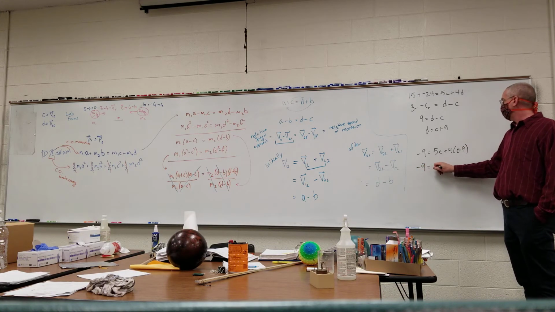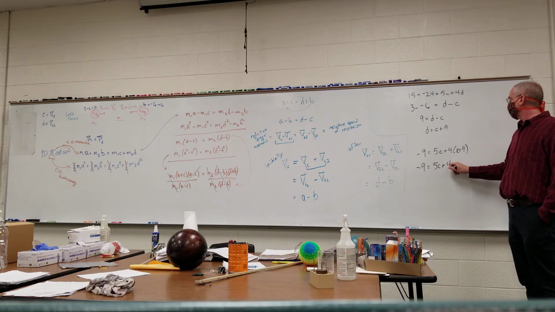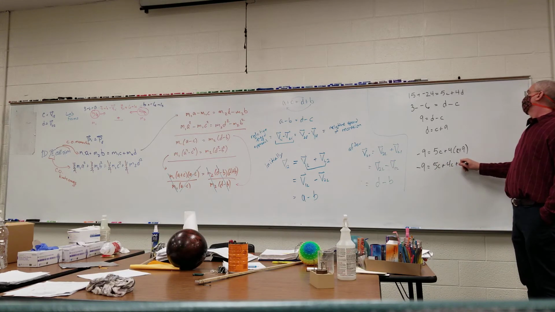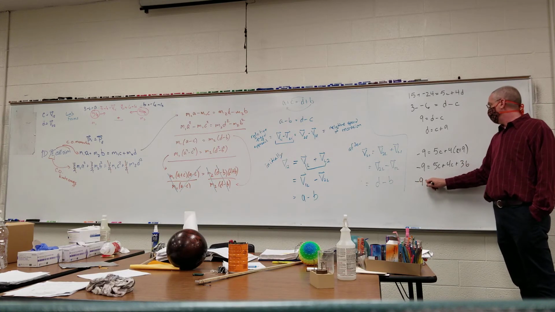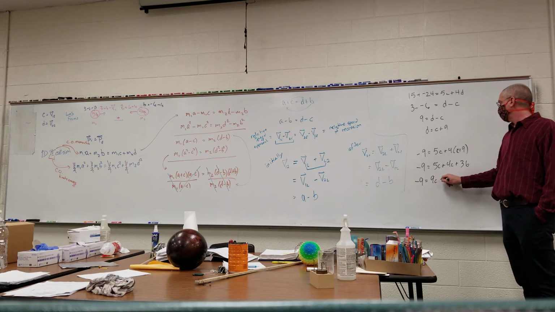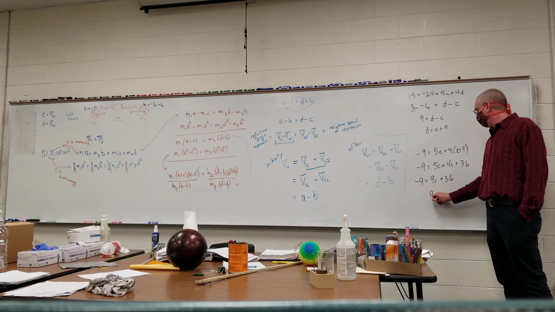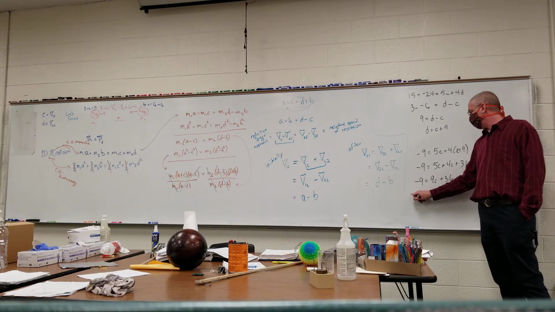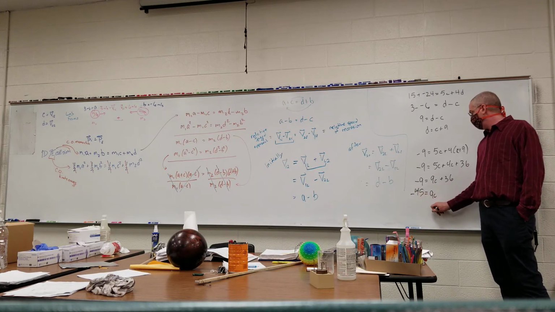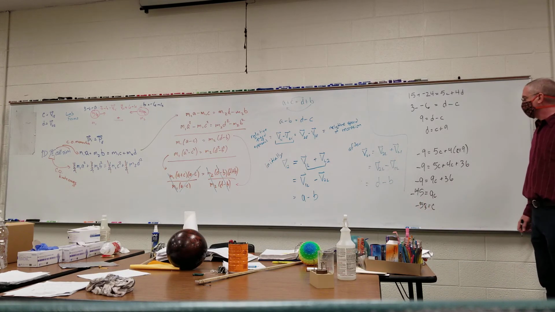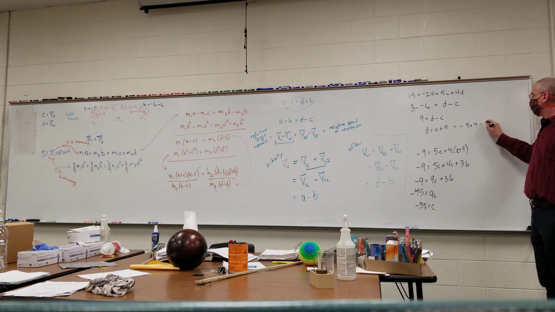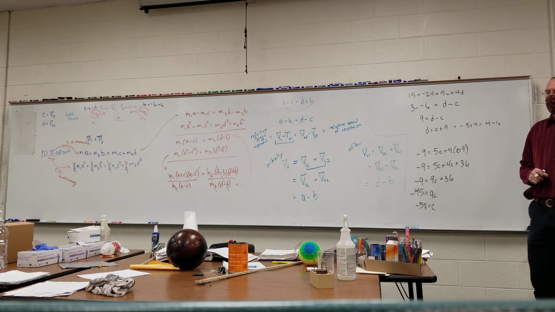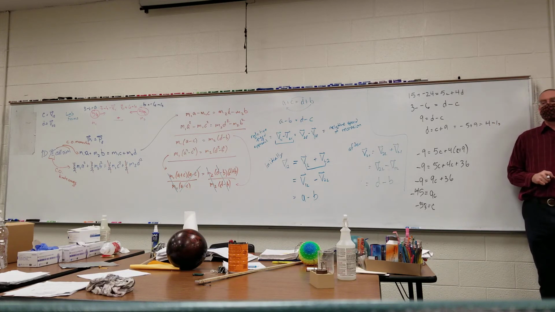Negative 9 is equal to 5c plus 4c plus, doing the fancy math here, 36. Negative 9 is equal to 9c plus 36. 9c is equal to negative 45. Negative 5 meters per second. And we have a formula for d right here, so this becomes negative 5 plus 9, which is 4 meters per second. And I'm hoping that's what we got when we solved this on Thursday.